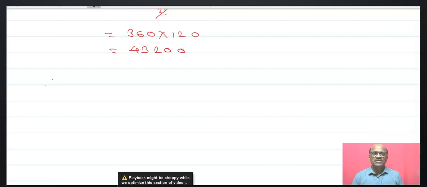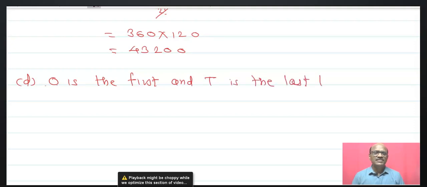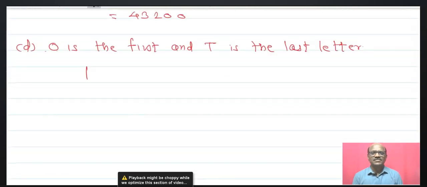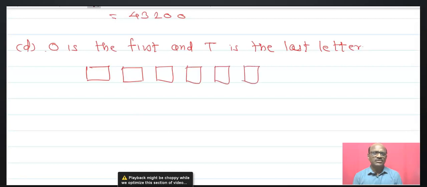Next is D. O is the first and T is the last letter. Now this is very simple. Total 9 boxes will be there. Okay. O is first and T is last.